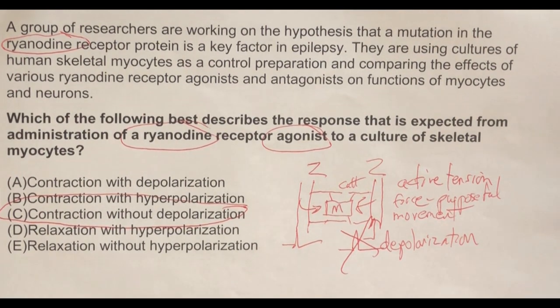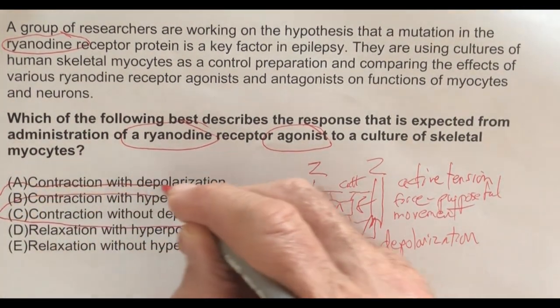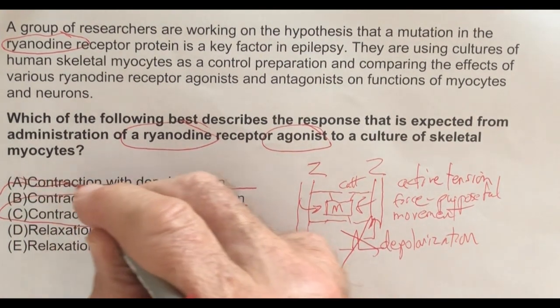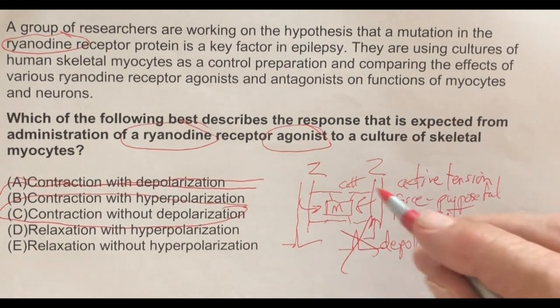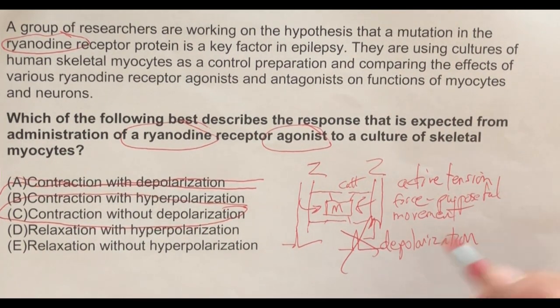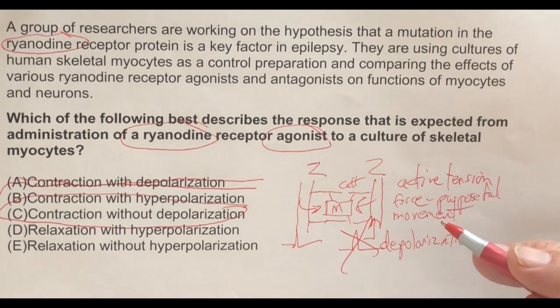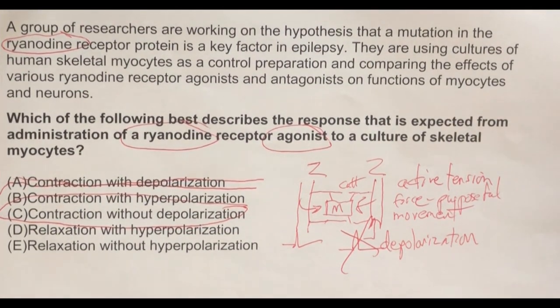Contraction with depolarization, I think clearly we can eliminate, because we said that when we administer the ryanodine receptor agonist, we're bypassing the depolarization that comes from the nerve and the muscle, what we call excitation-contraction coupling. We're eliminating the excitation phase of the excitation-contraction coupling in this experiment.